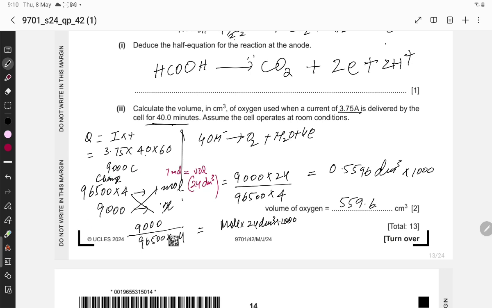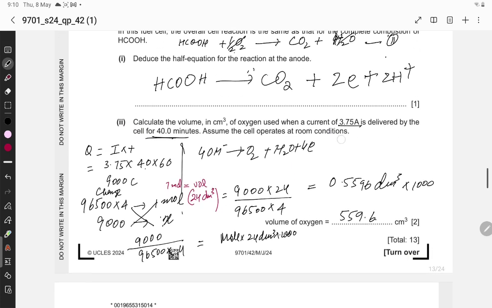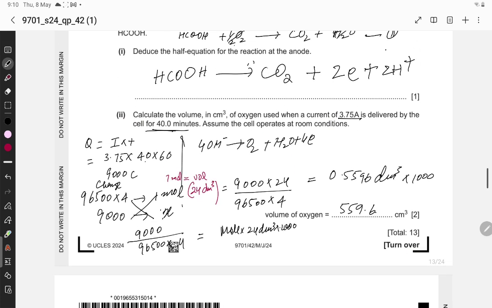And we know that in this reaction 4 electrons are used for oxygen. So 96,500 into 4 is equal to this charge for 1 mole, and 9000 coulomb is equal to X. So calculating mole by dividing 9000 by 96,500 into 4.